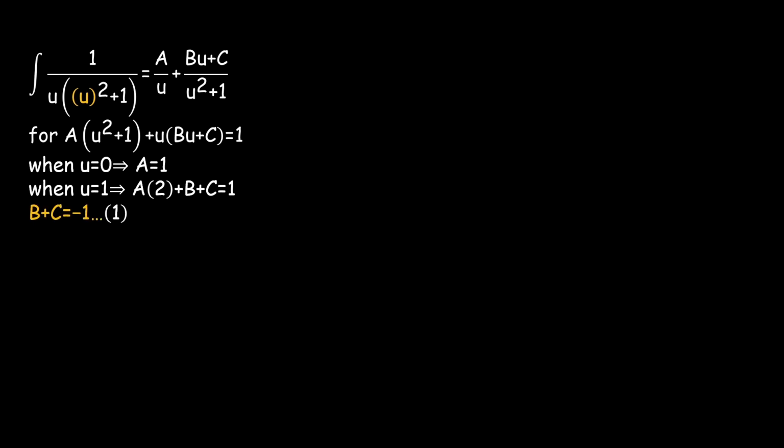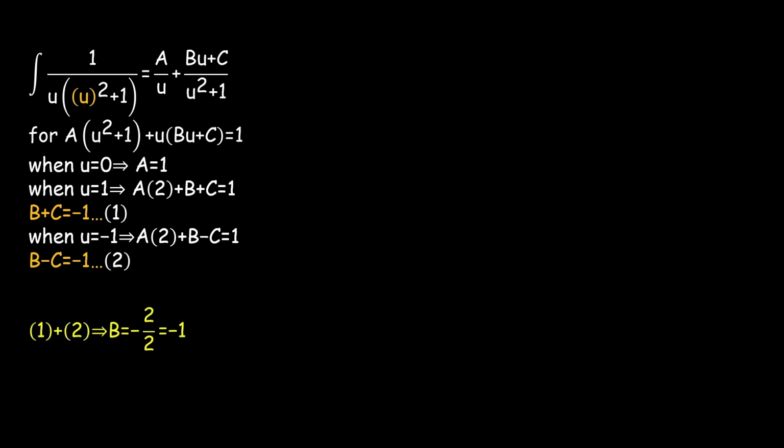Putting in the value for a, which is 1, we have b plus c equals negative 1, and let's call that equation number 1. Then when u equals negative 1, we do the same process, and we get a second equation. Now we have 1 and 2, we use the elimination method to work out either b or c, and we'll see that b is negative 1, while c is just 0.